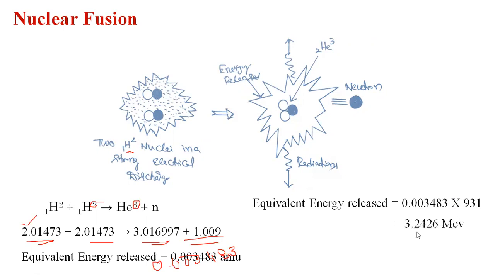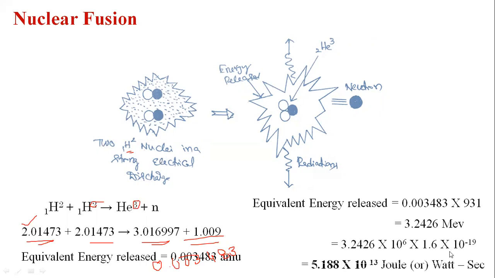Now we are multiplying, and we get 3.2426 mega electron volts. Finally, 1 mega means 10 to the power of 6, and 1 electron volt is 1.6 into 10 to the power of minus 19. So finally we are getting the value 5.188 into 10 to the power of minus 13 joules, or simply watt second.